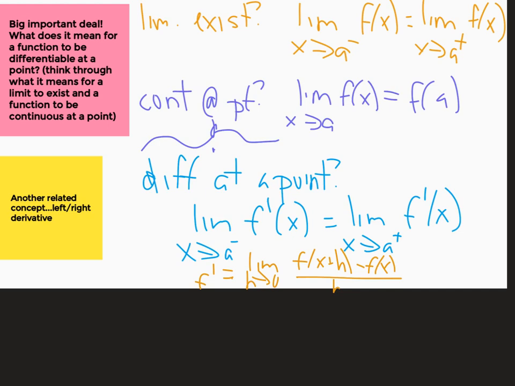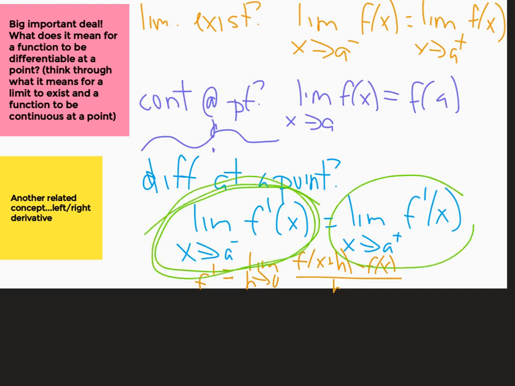That's a big deal. And the yellow sticky note there says, okay, what about differentiable from the left and differentiable from the right? So that's what these two pieces are. That's differentiable from the left. That's differentiable from the right. If those are the same, then the function is differentiable at that point.